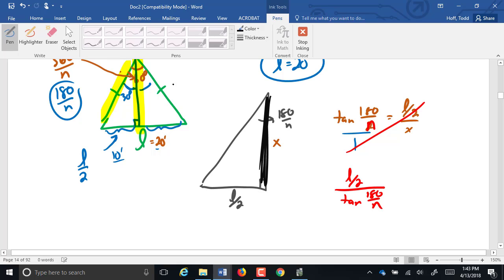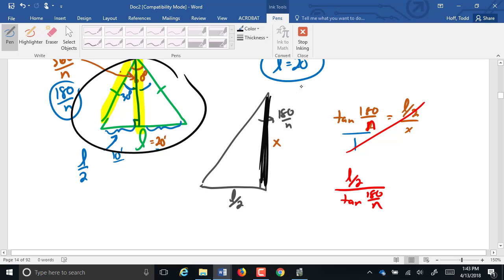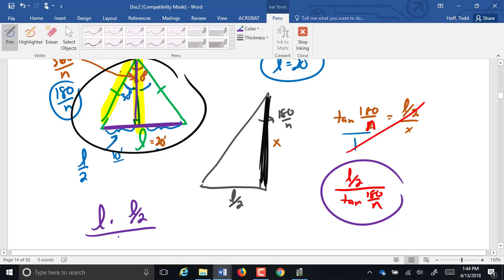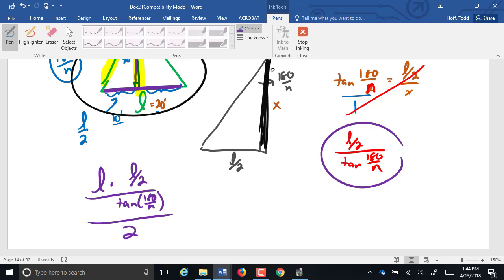So what would the area of this whole triangle be? Well, the base is L. The height is this here, L over 2 over tangent of 180 over n, all divided by 2, right? Because it's that triangle. Let's do some rearranging here.